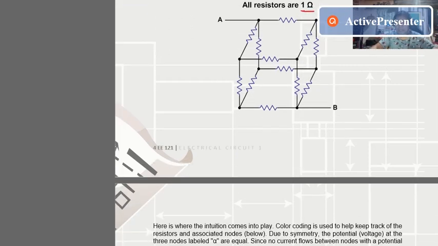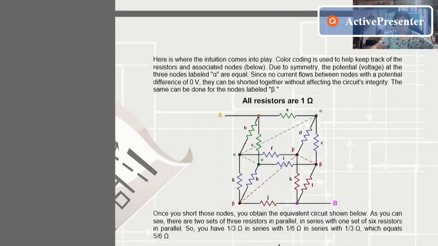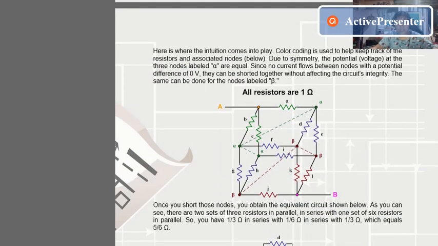To simplify that, so mo ni siya, here is the intuition comes into play. So we have here our, so mao ni siya color coding gilahi and na-labeled para matrack na to ang resistor nga associated sa nodes niya. Ang nodes kaning dere, kaning na mga point.